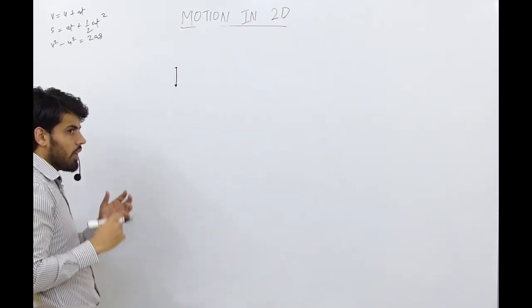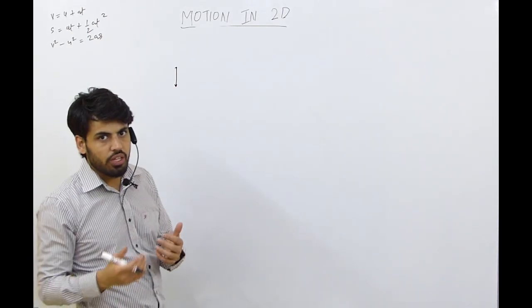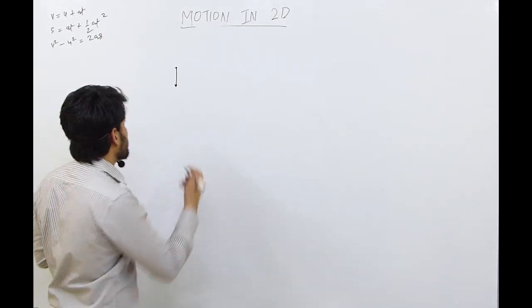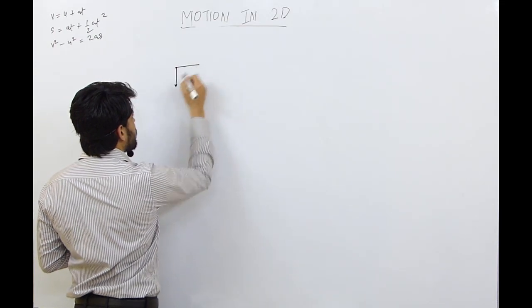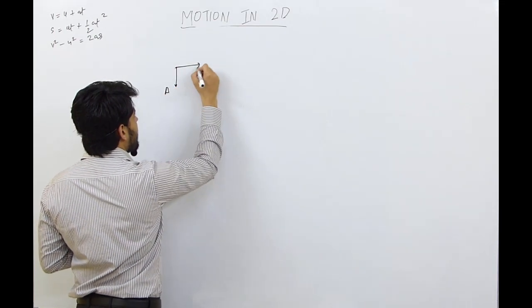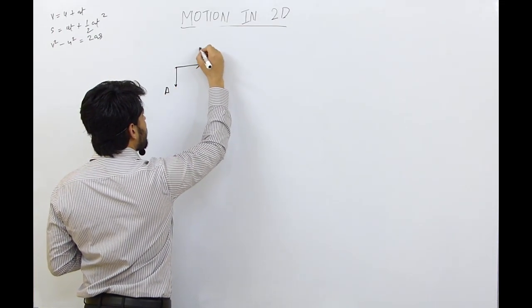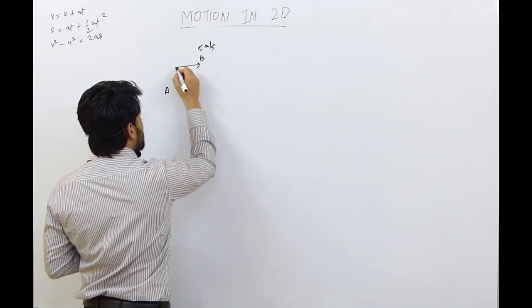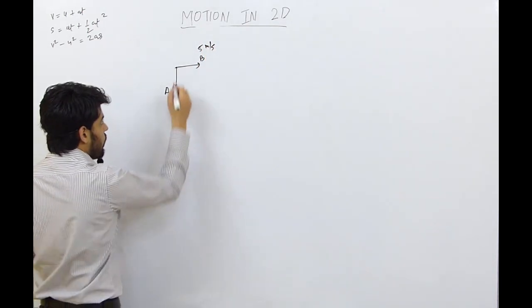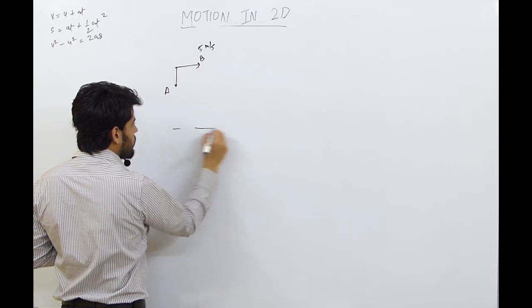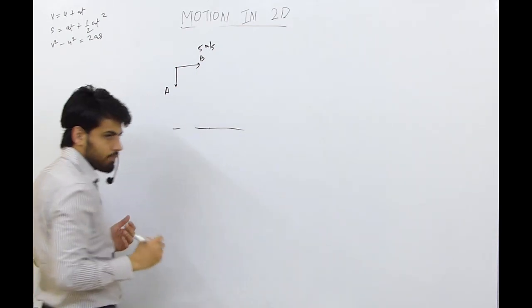It's the way the examiner asked the same question in a different language. One is dropped, A, and B is thrown horizontally with a velocity of 5 meter per second. So will both objects reach the ground at the same time?